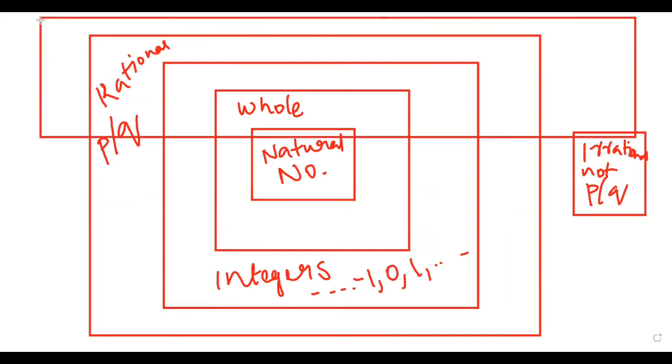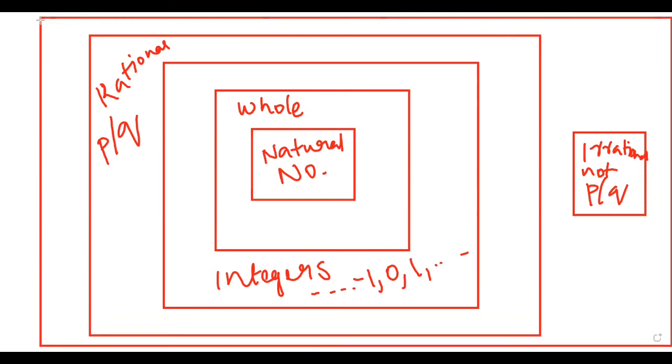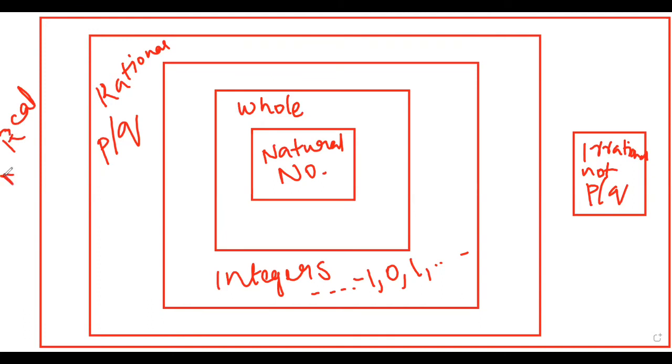That box covers everything. That box is what we call real numbers. So, in brief, we can say every rational and irrational number is a real number.